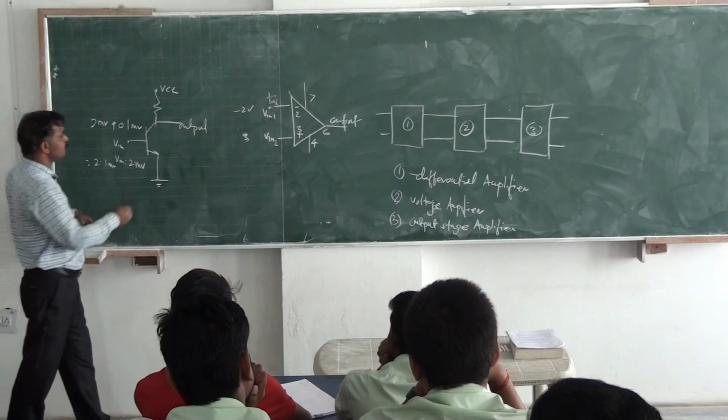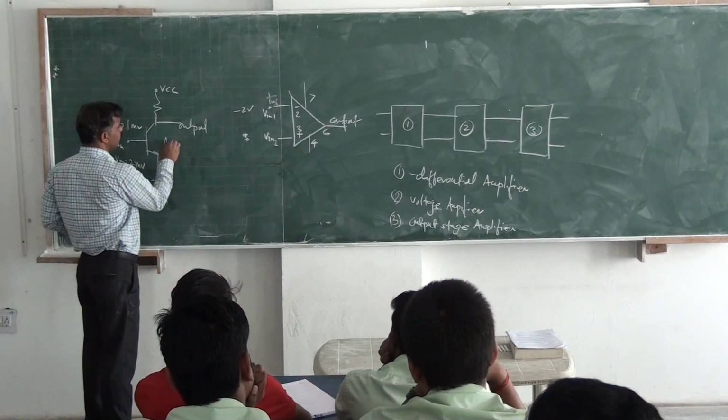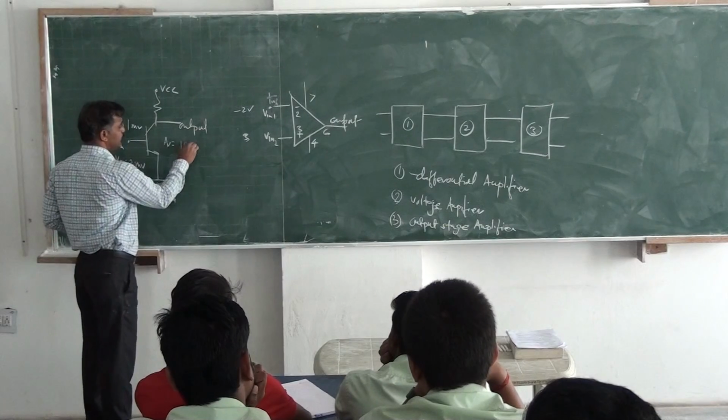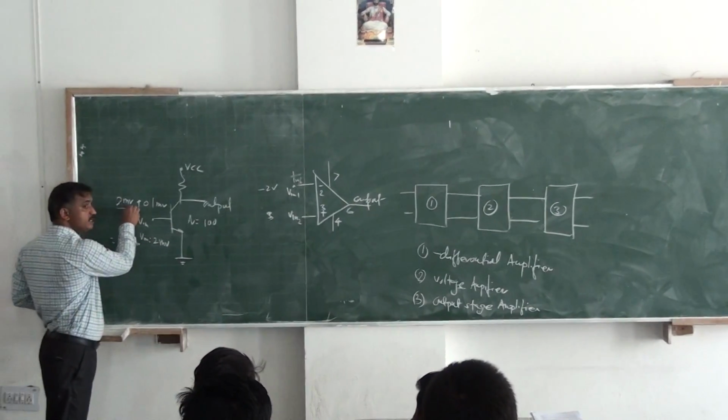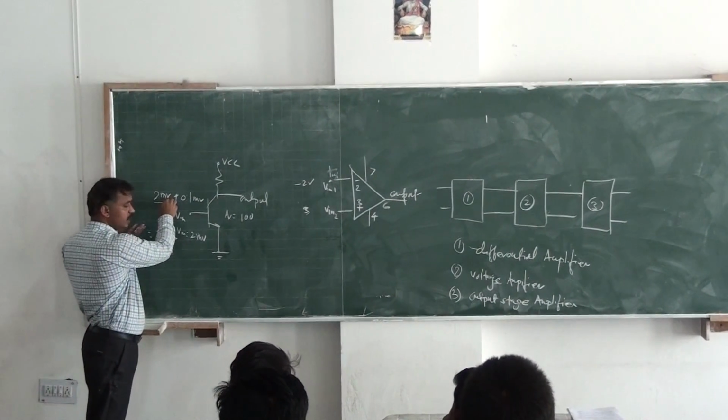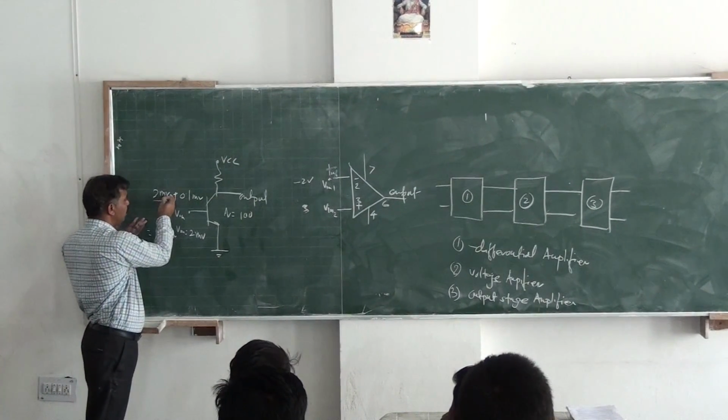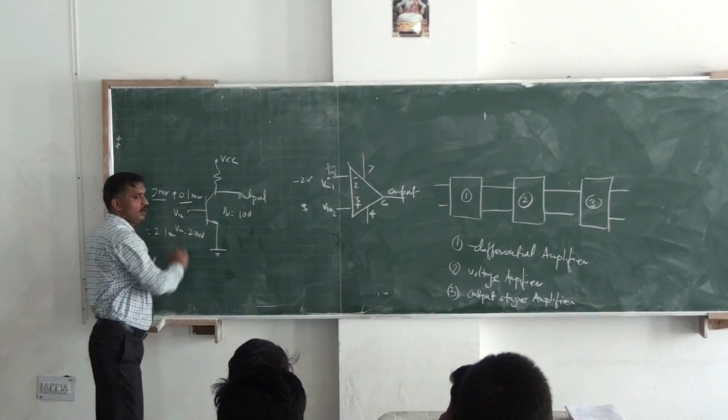If the gain of this op-amp is, let's say, AV equal to 100, we are interested in amplifying the actual signal, which is our useful signal, and this is the noise signal.